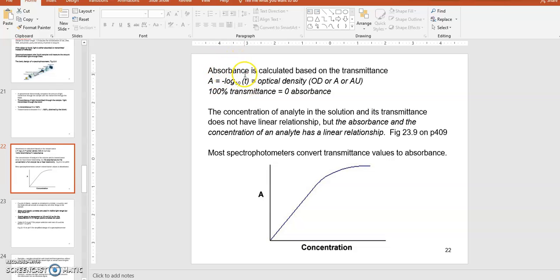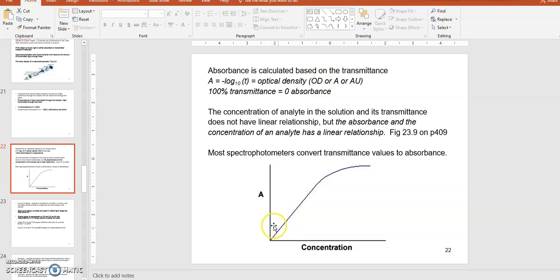That mathematical calculation is done inside the spec, and when the spectrophotometer gives you the readout, it's going to be in the form of absorbance. The reason is that transmittance doesn't have a linear correlation with the concentration of your analytes, but absorbance does. That's why the spec prefers giving you the readout in absorbance instead of transmittance.